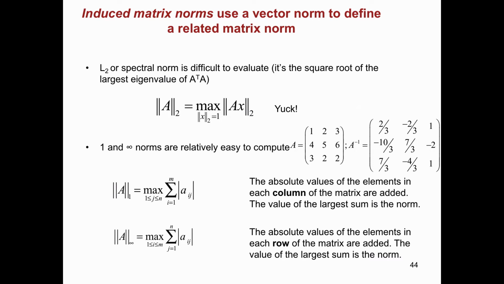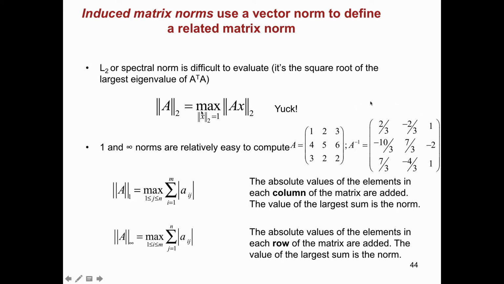For every column, I sum up the absolute values that I see in that column, and I look at the maximum of those sums. That's my 1 norm for matrix A. For the infinity norm, I do the same, but I go row-wise. So let's actually do that.